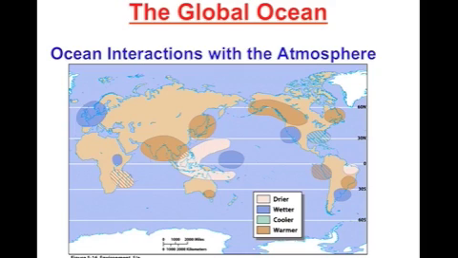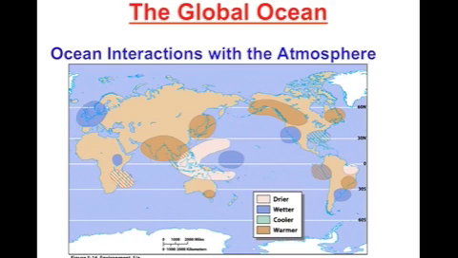Now, the next thing that we're going to talk about is just oceanic and atmospheric interactions. Largely, we're talking about the process of El Nino and La Nina. And what these two things are is a periodic, large-scale warming of surface waters of the tropical Eastern Pacific Ocean that temporarily alter both the ocean and atmospheric circulation patterns.